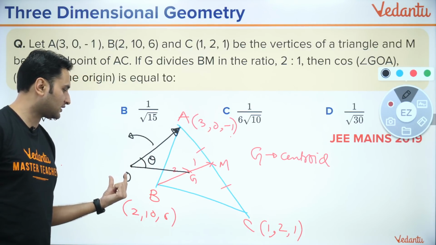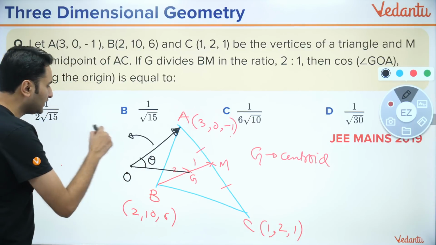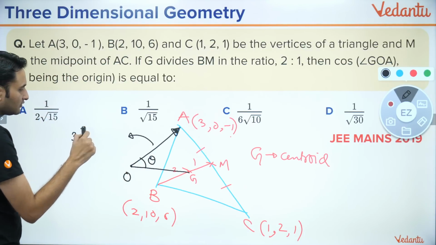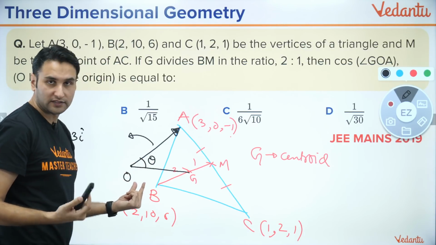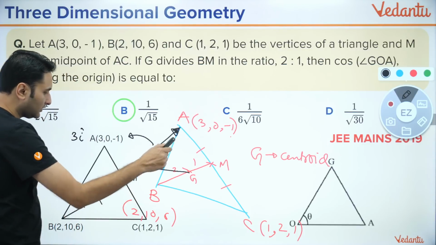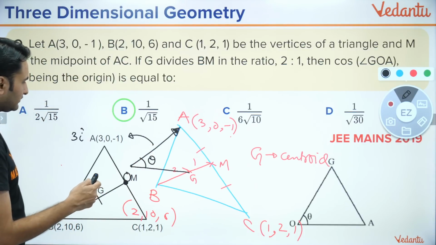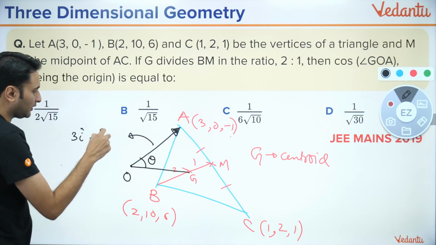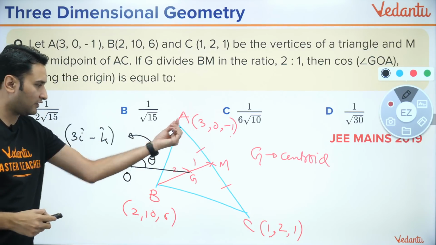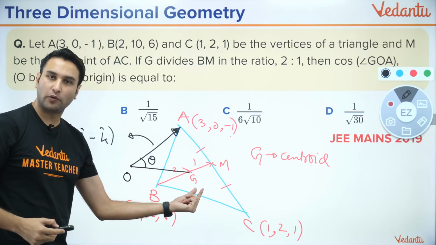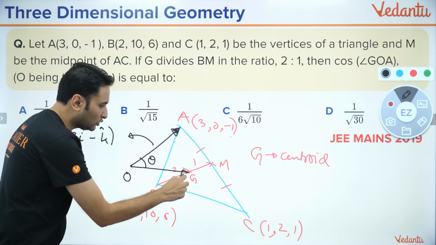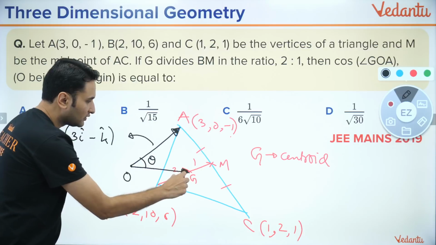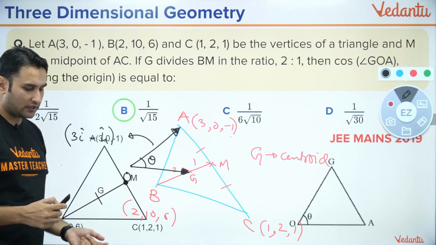This minus this is 0, 0, 0. क्या हो जाएगा? This is 3i, 0 minus 0, that is 0j, and the other is -1, that is minus k cap. So this is your OA vector. बच्चों, similarly you know the point G, you can find out the OG vector, OA vector, OG vector, right?